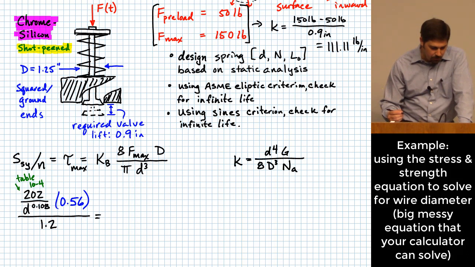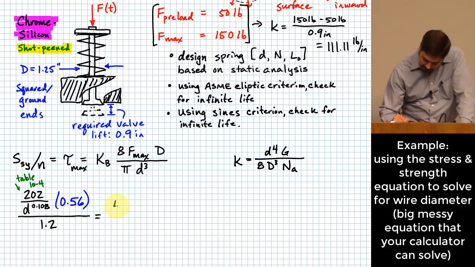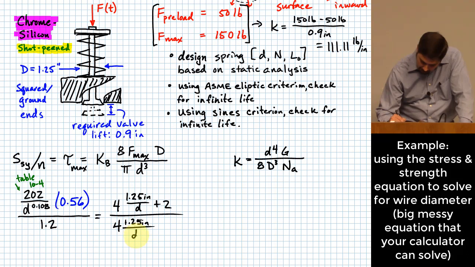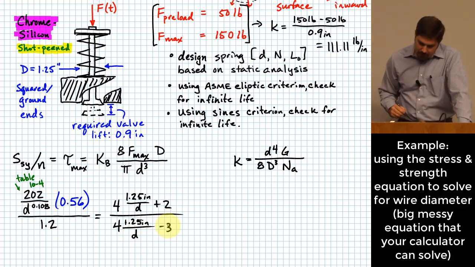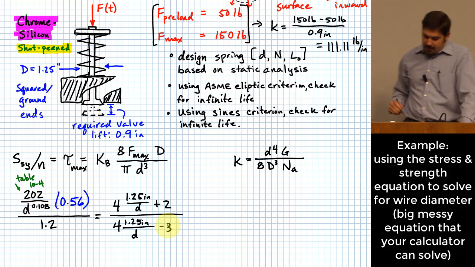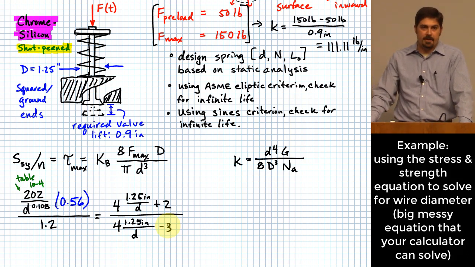And so that'll give me 4c plus 2, which is basically 4 times 1.25 inches over wire diameter, plus 2, over 4 times 1.25 inches, that's again the mean coil diameter, over wire diameter, minus 3. And so I've now put in a term for the Bergstresser factor.